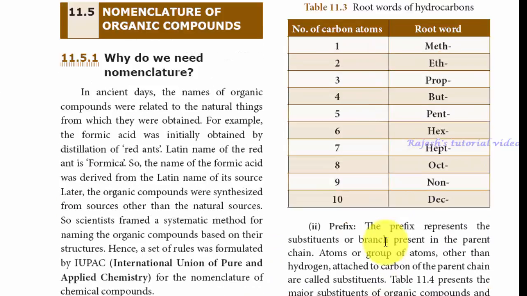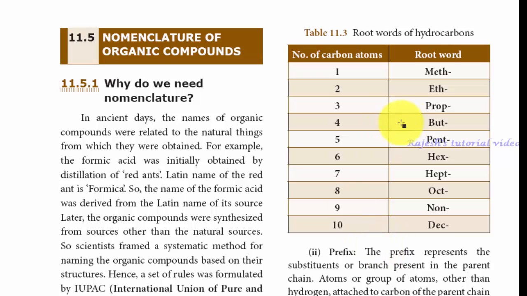Except for the first 4 names, the remaining root words are Greek numerals. As we saw in the earlier part itself, a carbon compound containing 1 carbon is given the root word meth, 2 carbon atoms eth, 3 prop, 4 carbon atoms but, and so on.